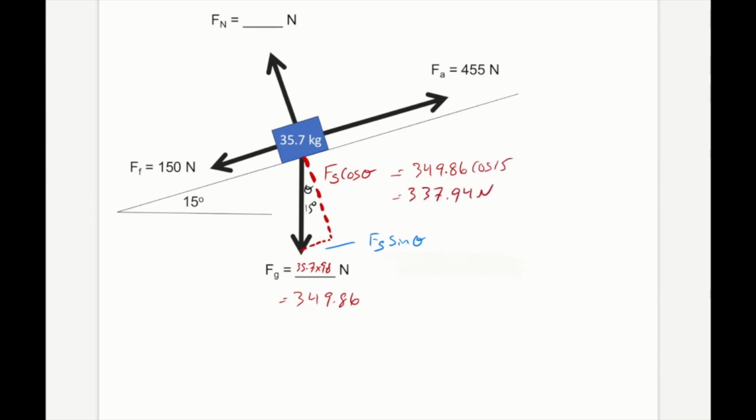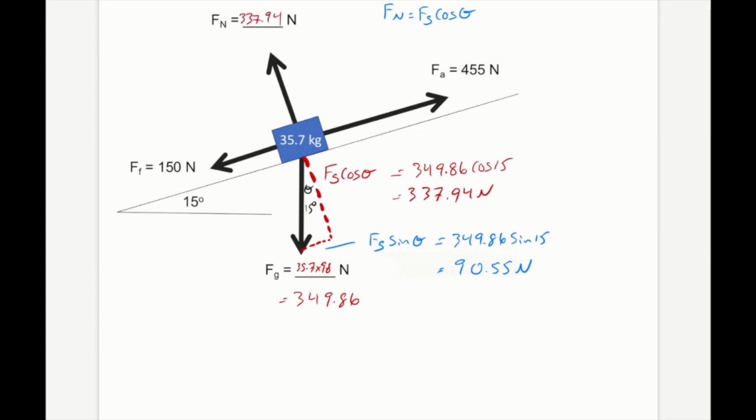And to find Fg sine theta, we're going to take 349.86 times sine 15, and that equals 90.55 newtons. Now we talked earlier about Fn not equaling Fg, but instead equaling Fg cos theta, and we found that out right here. So Fn is going to equal 337.94 newtons, and we have all our blanks filled in.